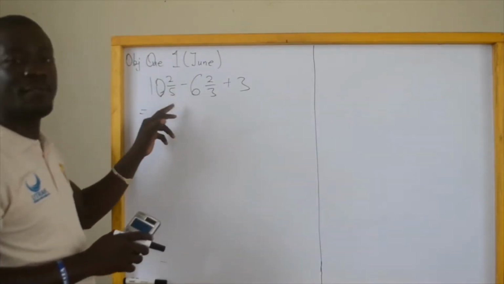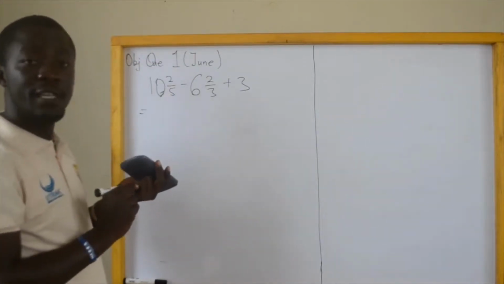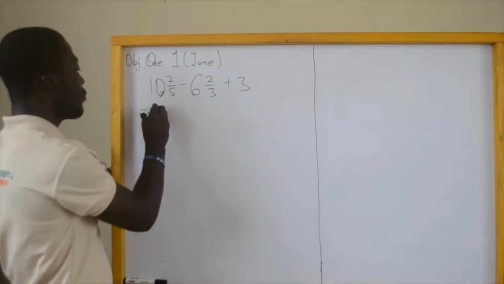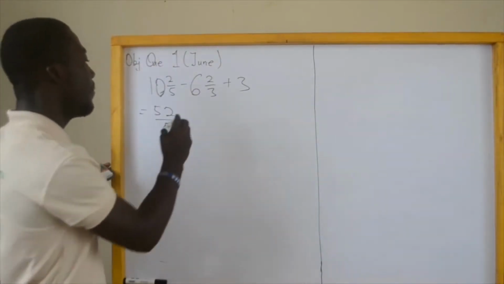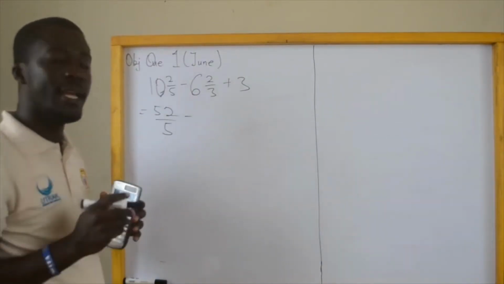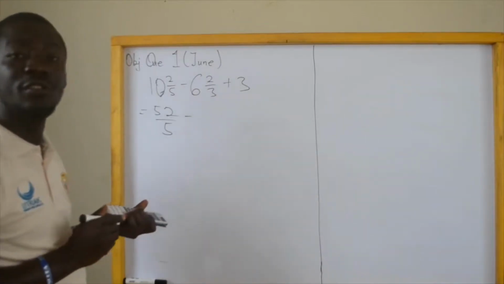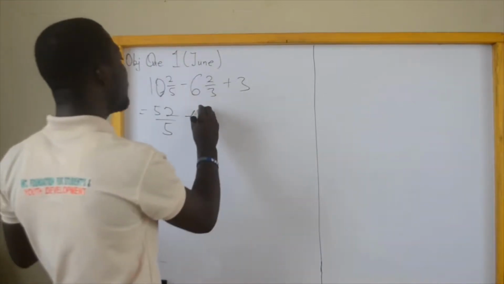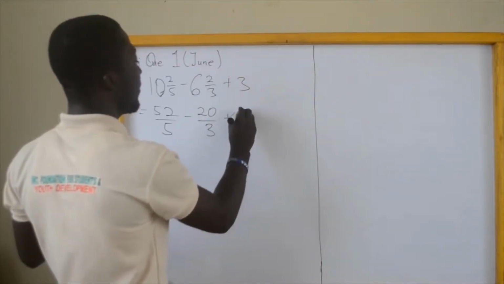So 10 times 5 is 50, 50 plus 2 is 52, so we get 52/5, minus 6 times 3 is 18, 18 plus 2 is 20, so we have 20/3 plus 3.